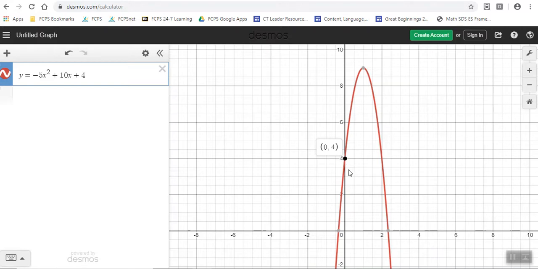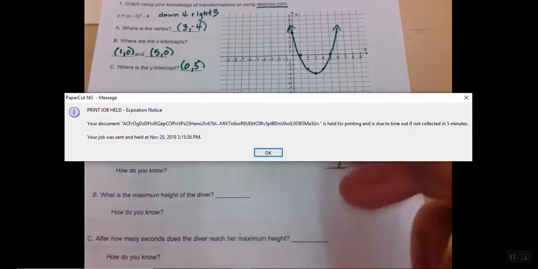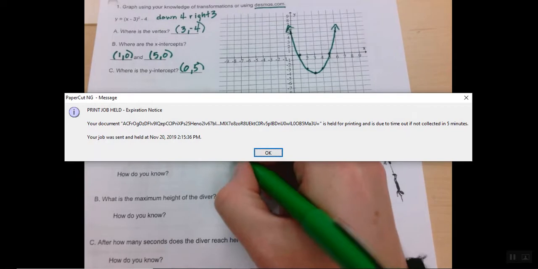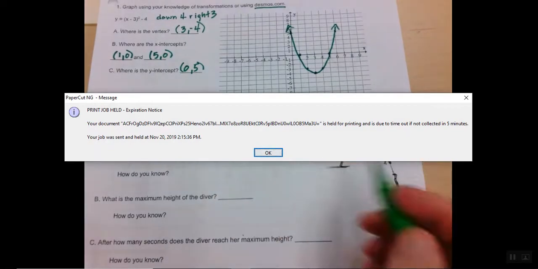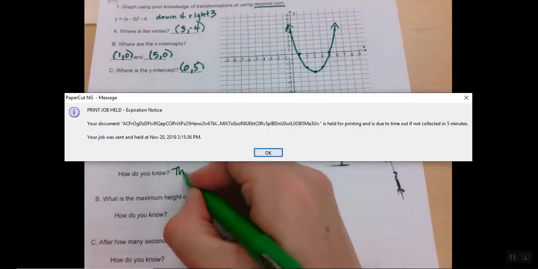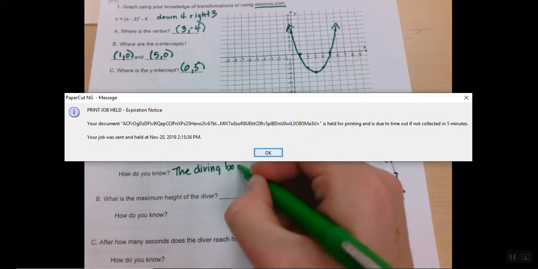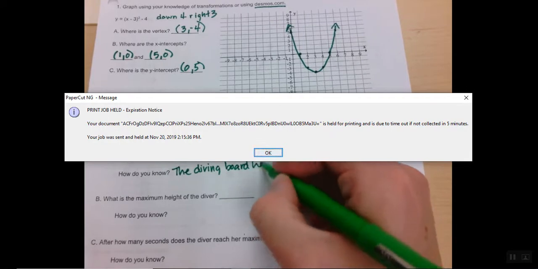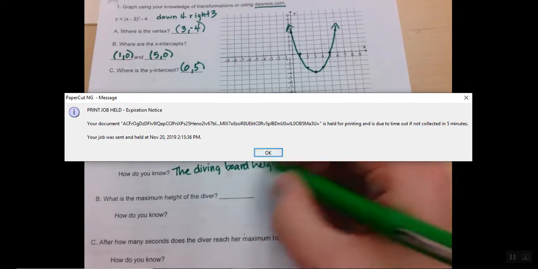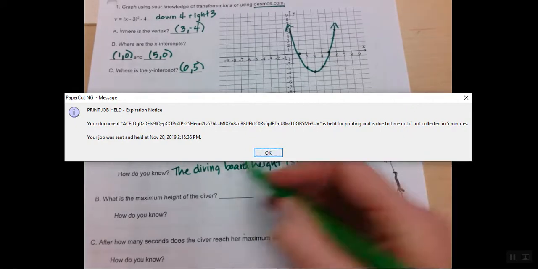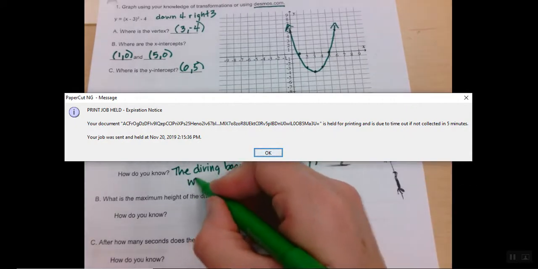Good. So the diving board is when the time is 0. So we're going to get this on our paper now. Okay, so we said that the height is 4, and I think my unit is feet. And the diving board height is a y. That's what you guys were telling me, that height is a y. And it happens when time is 0.